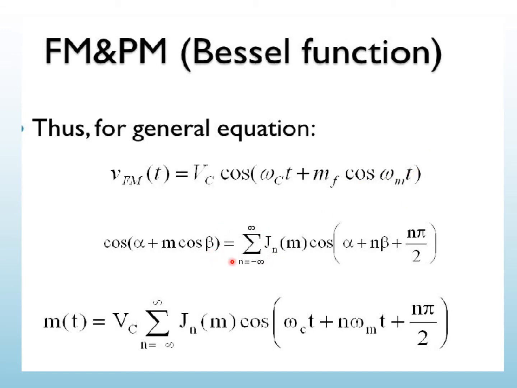This is related to the Bessel function as the summation of n from minus infinity to infinity of Jn of m_f, cos of alpha plus n beta plus n pi by 2, where m of t is given by this expression. So in place of cos of omega mt, you substitute omega c plus n omega m, t plus n pi by 2. This will give you a message signal m of t.